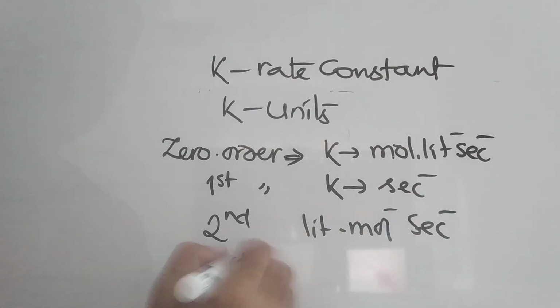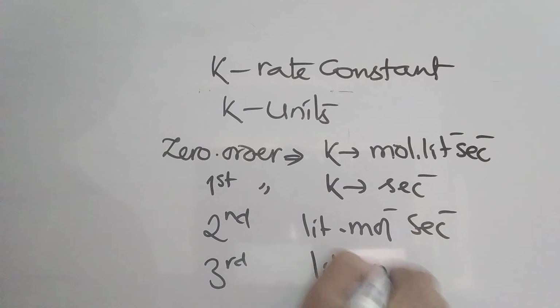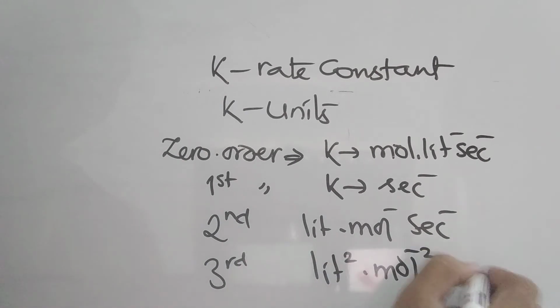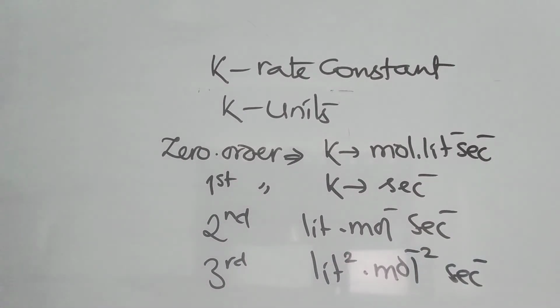For third order reaction, liter square per mole square per second. So in general you can say mole to the power of 1 minus n, liter to the power of n minus 1, per second, where n is the order of the reaction.